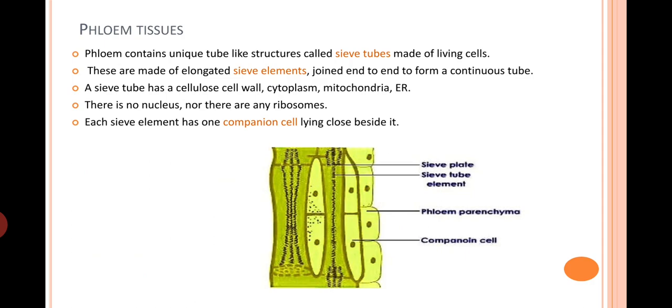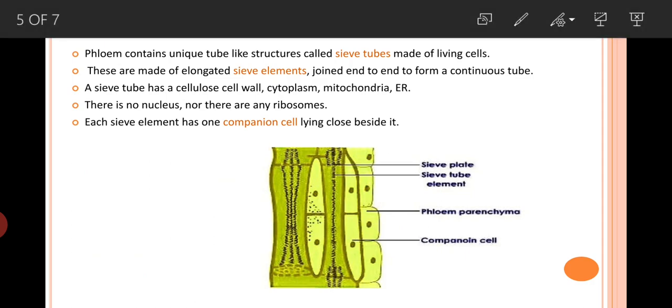The second type of vascular tissue is the phloem tissue. The phloem is made up of continuous tube-like structures which are called sieve tubes. Sieve tube elements are always accompanied by another type of cell which is known as a companion cell.